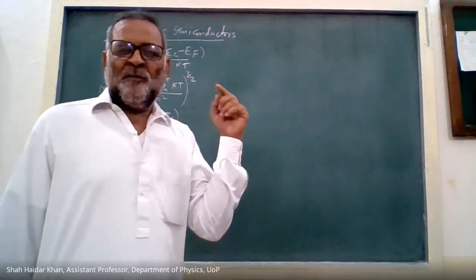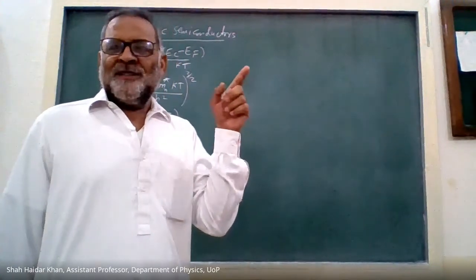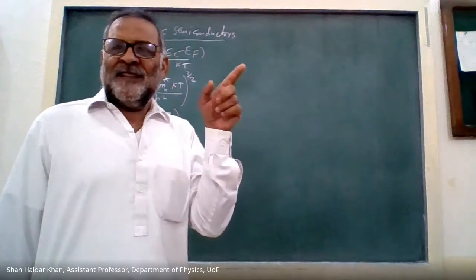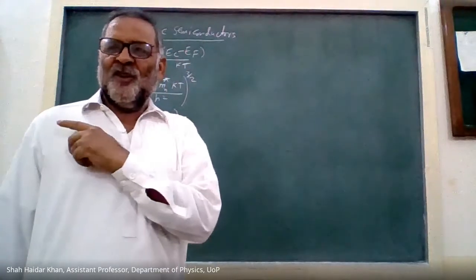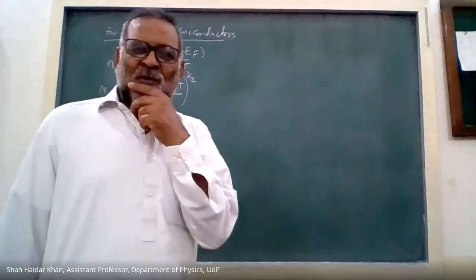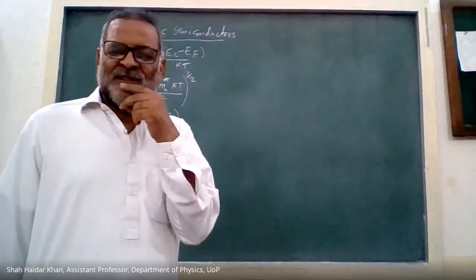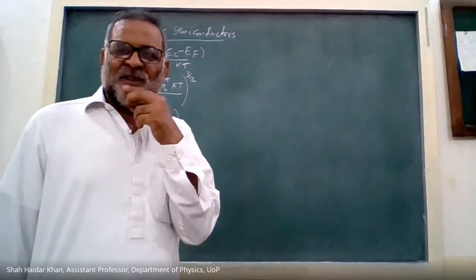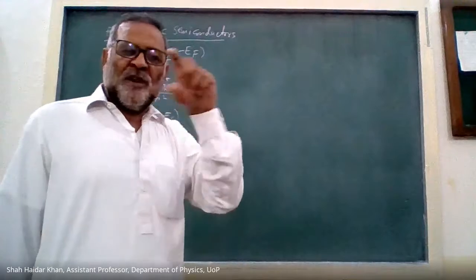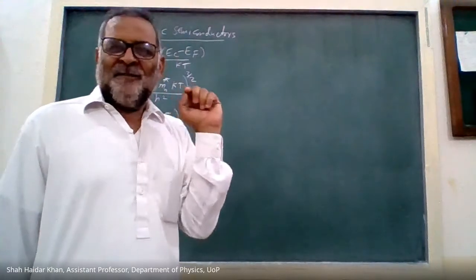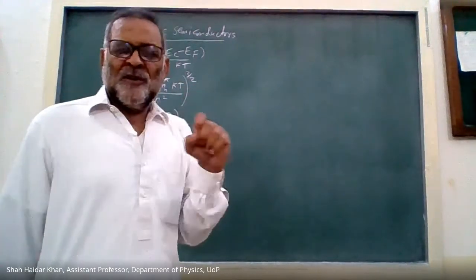If you remember, we drew that curve, the Fermi-Dirac probability occupation function. At T equal to 0, below the Fermi level it was 1, and above the Fermi level it was 0.